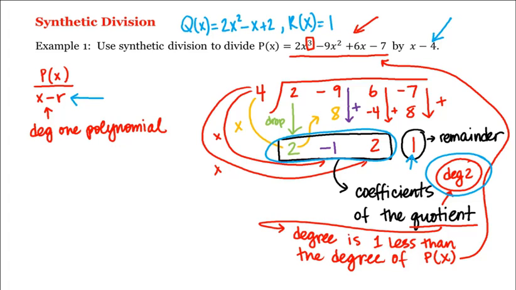This number here, this last number. Therefore, by the division algorithm, p of x divided by x minus r is equal to q of x, which is 2x squared minus x plus 2, plus the remainder divided by the divisor, which is x minus 4 in this case. Let's actually take a quick look at the long division so you can see why this technique works.